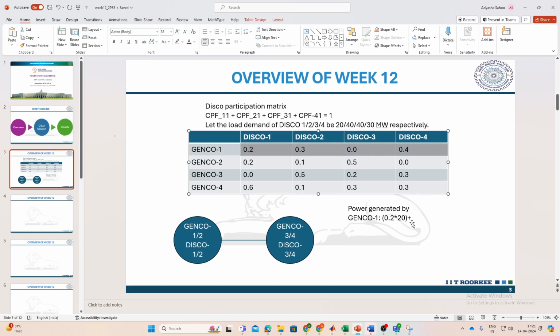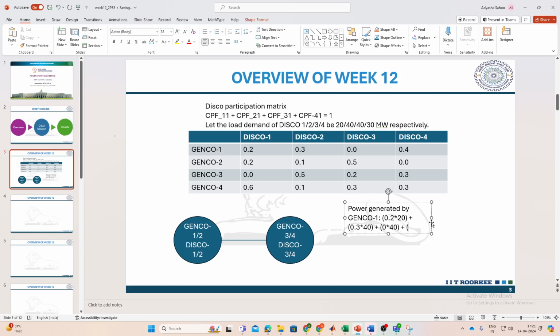For the first DISCO, 0.2 is the contract participation factor and the demand of DISCO 1 was 20. Similarly for DISCO 2, the contract participation factor is 0.3 and its demand is 40, and for DISCO 3 it is 0, so 0 times 40 will be 0.